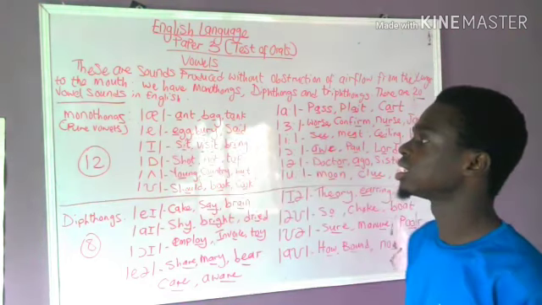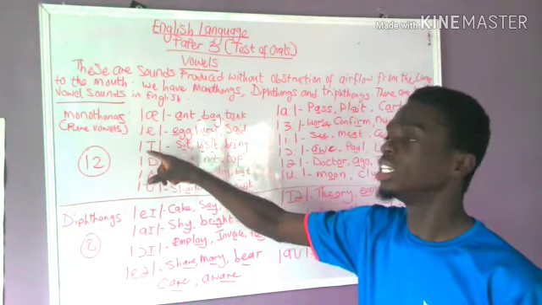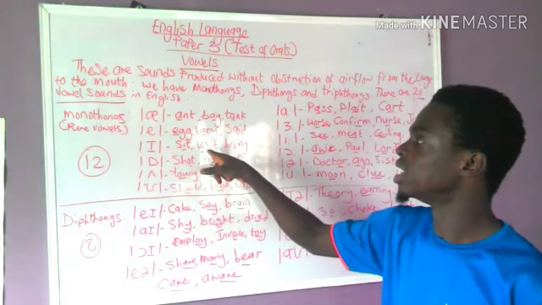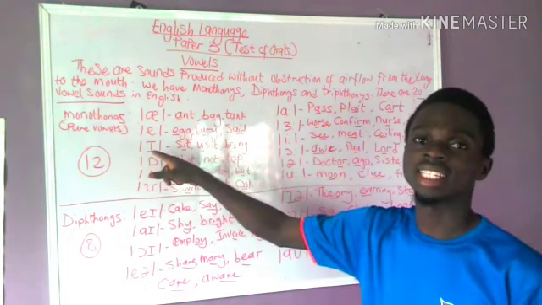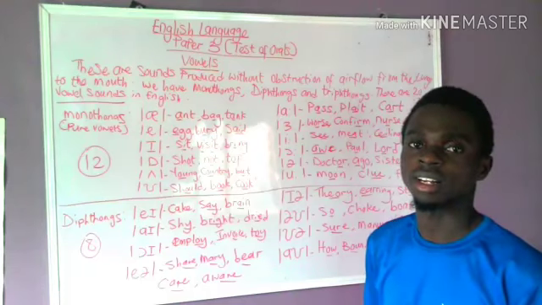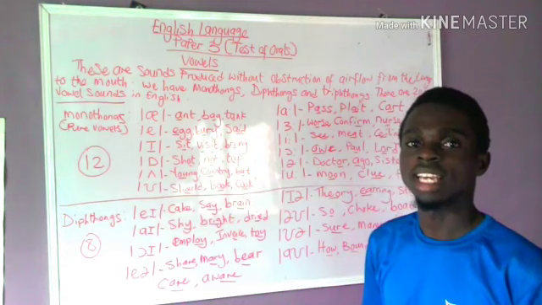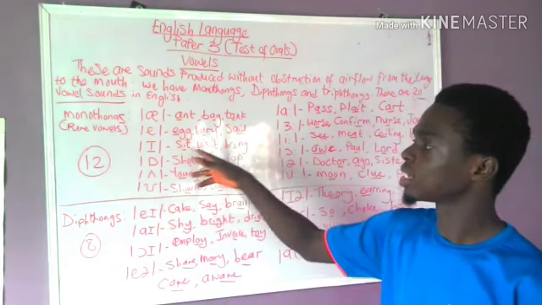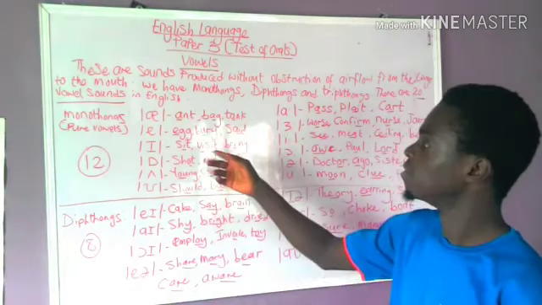Now this is, I know most times you all will say this is sound E by saying sit, visit, and bring. But this sound is E according to the British phonetics chart. This sound is pronounced as E. So you pronounce these words as sit, sit down, visit.